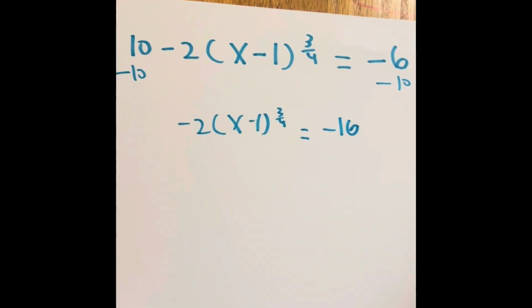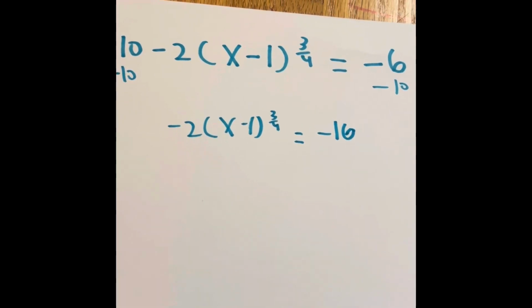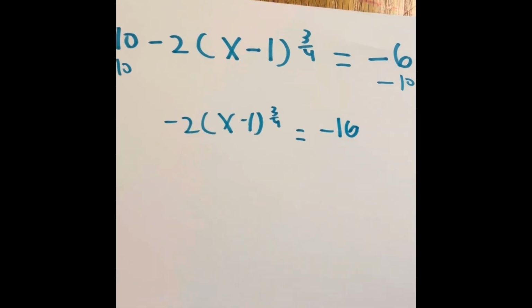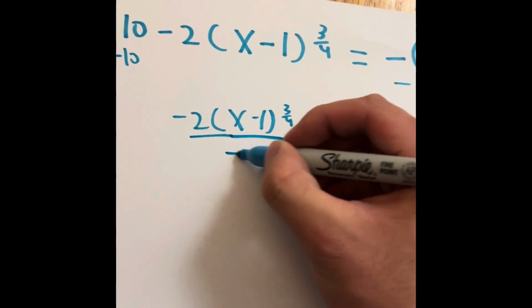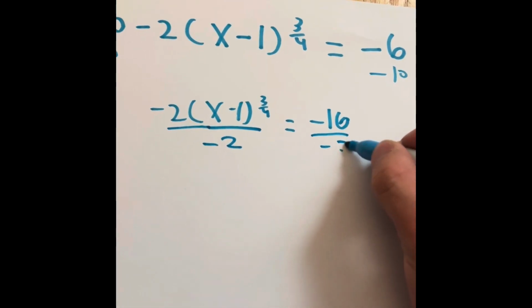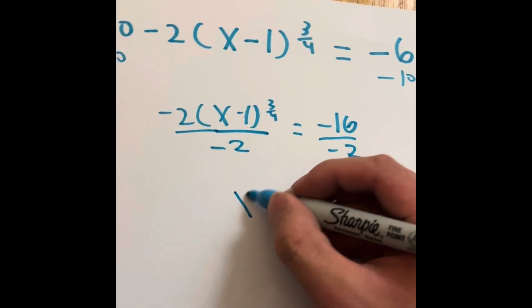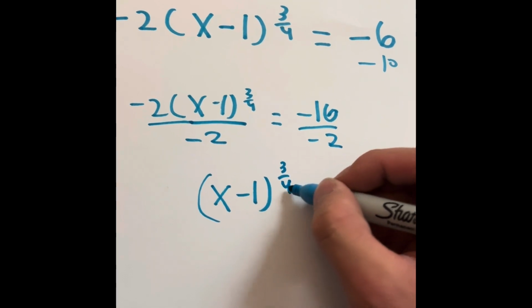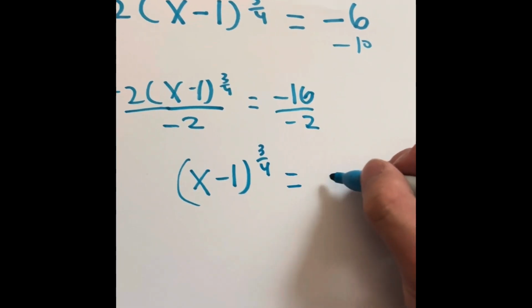We still have the negative 2. Remember the rule, try to get as much as possible to the other side. So, divide by negative 2 on both sides, and we get x minus 1 to the power of 3 over 4 equals 8.